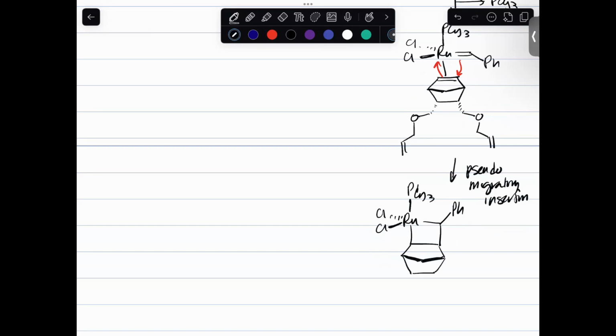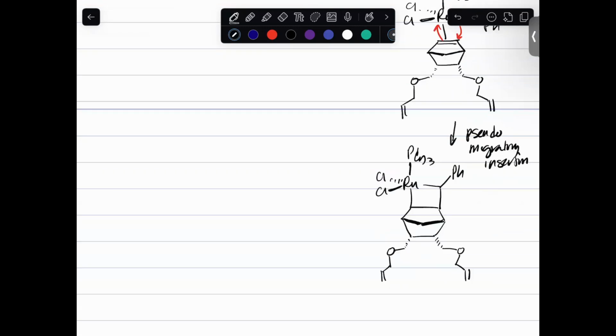All the chemistry is happening with that double bond. Everything else stays intact. And then, of course, we do our collapse. Let me call this our metallocycle to stay consistent with our other mechanisms.